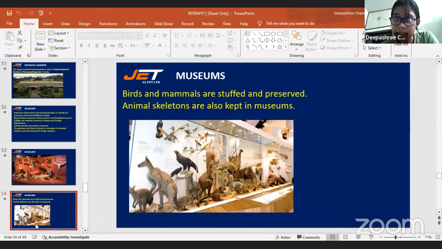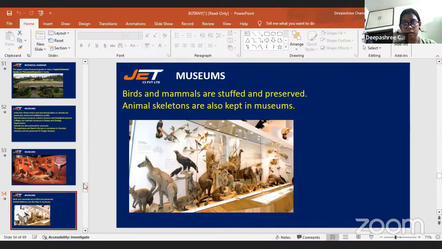So animal skeletons are also kept in the museum, but actually these are dummies. Okay, in the Indian Museum in Kolkata, these are actually dummies. But yes, there are also skeletons; different skeletons are present in the museum.